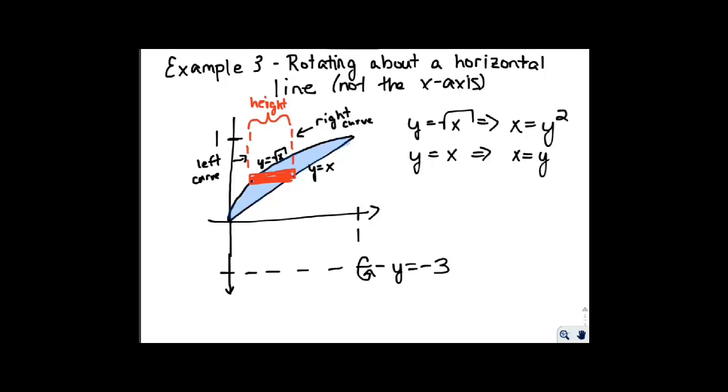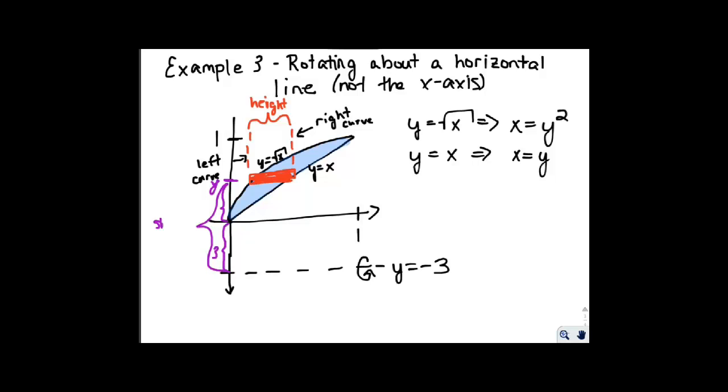Okay, now the other change is our shell radius. And our shell radius here goes from the location of our rectangle, which is y, and it goes down to our line or up to our line, which in this case is y equals -3. So the distance from the rectangle to the axis is y, and then the distance from the axis to our line is 3.